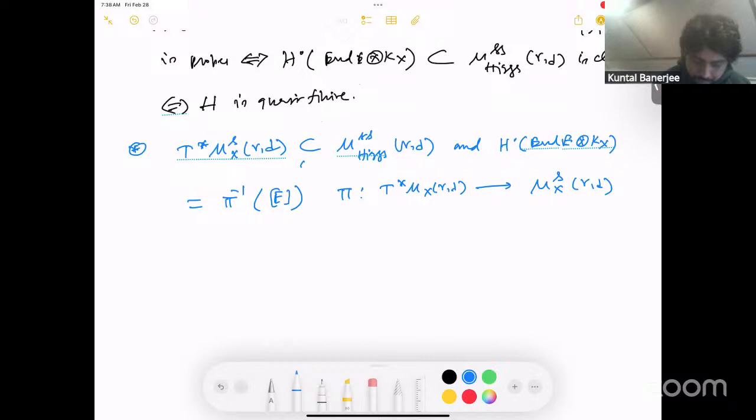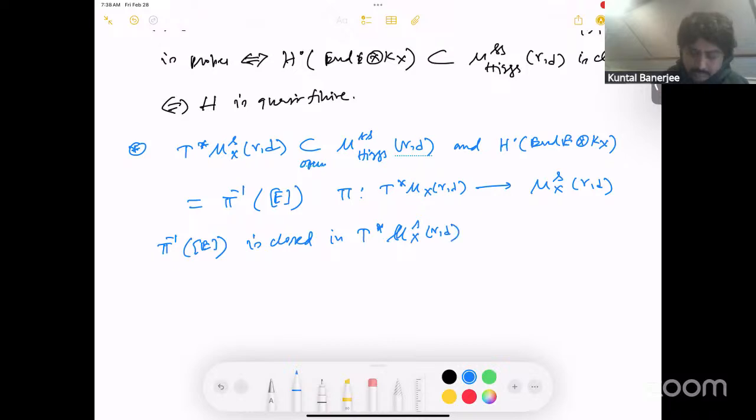And this tangent bundle forms an open subset. Okay, so this fiber is closed in this tangent bundle, but it is not necessarily closed in the moduli space of semistable Higgs bundles, right?